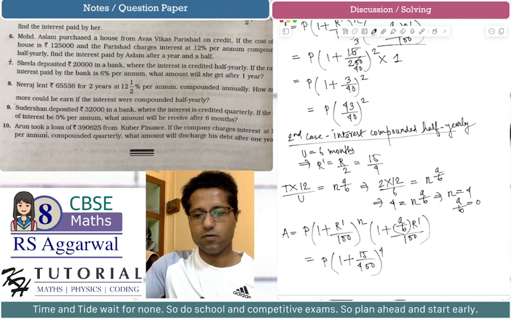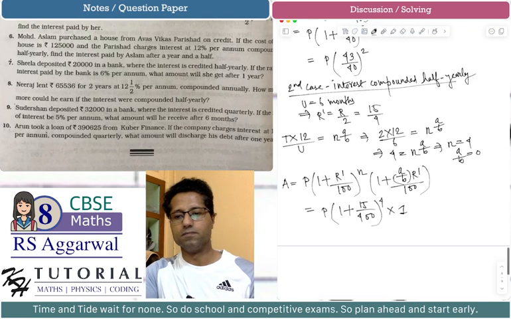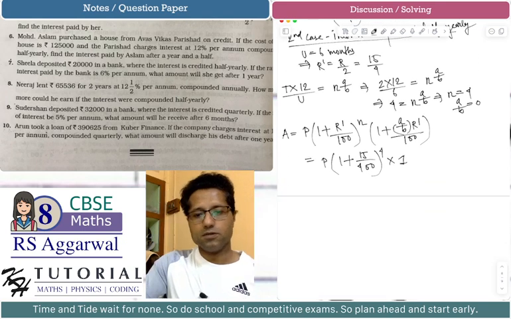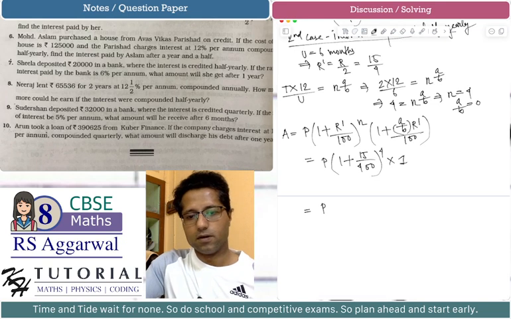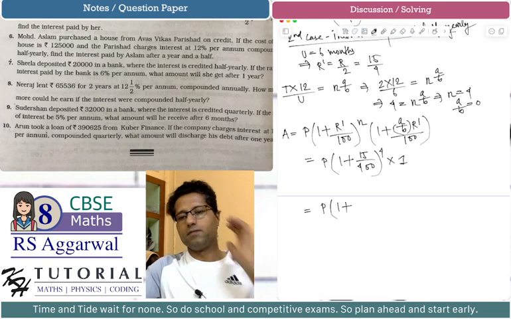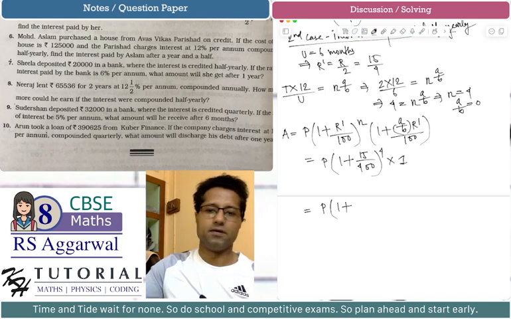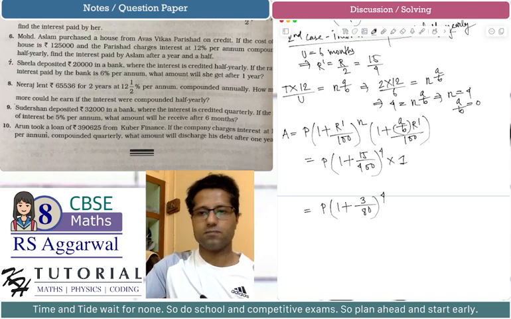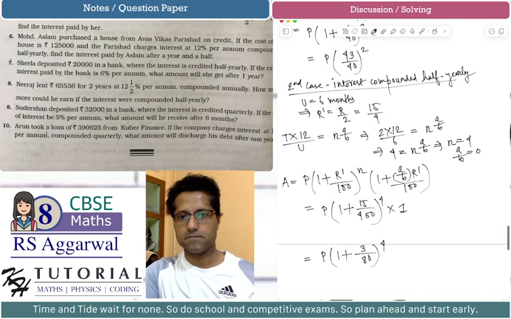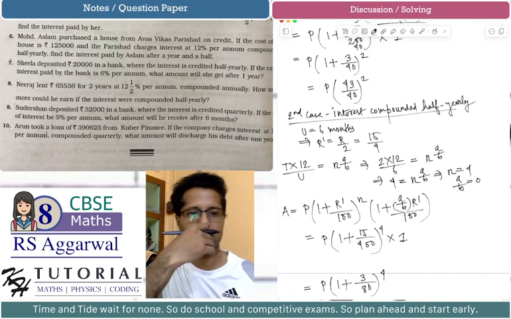N is 4, and this is 1 because the fraction a by b is equal to 0. So what is 15 by 400? This is 3 by 80, so 83 by 80 to the power 4.